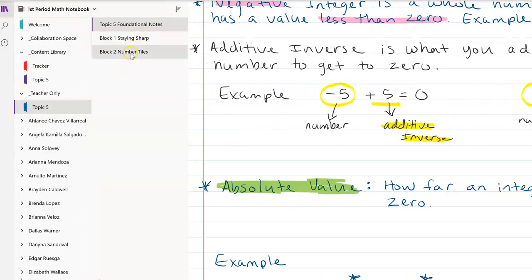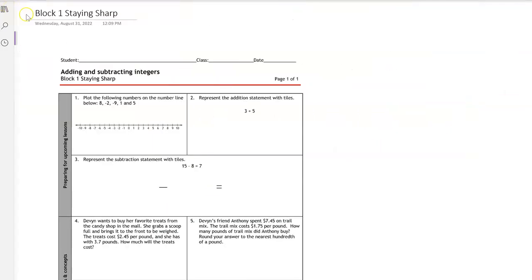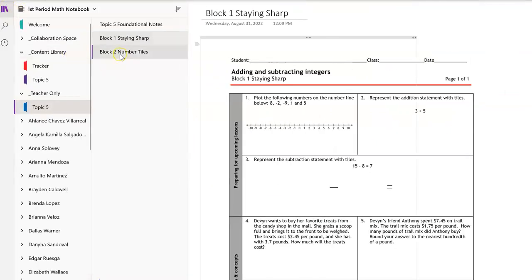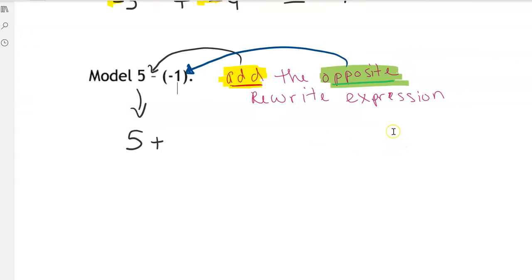So going back to our notes, the opposite of -1 is just 1. So I'm going to switch that to 1.